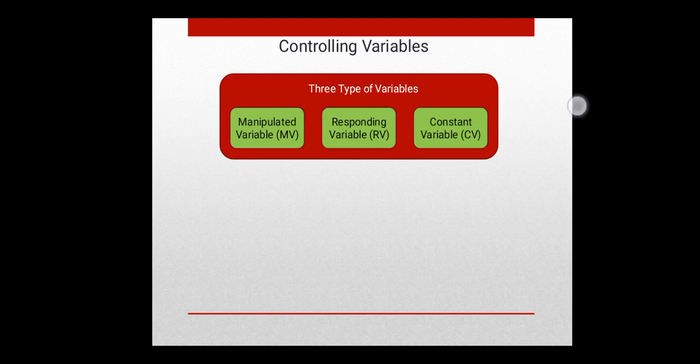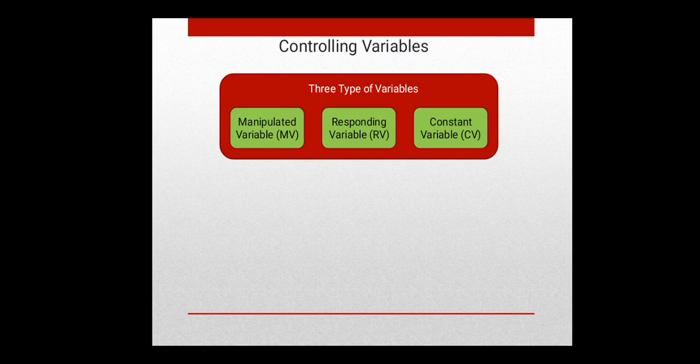The manipulated variable is the variable that we do something to. We change it. Okay. For example, if we have a plant and we want to see the condition of the plant after a week, if we did not give any water, kita tak siram air kat pokok tu, okay, kita nak tengok lepas seminggu apa yang berlaku.